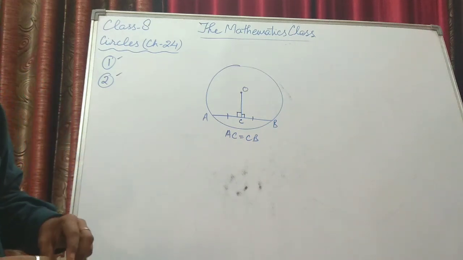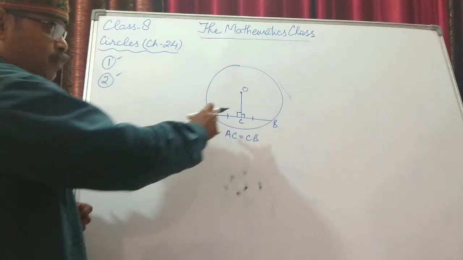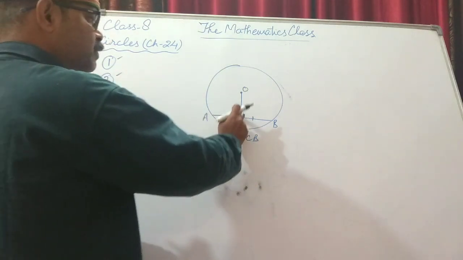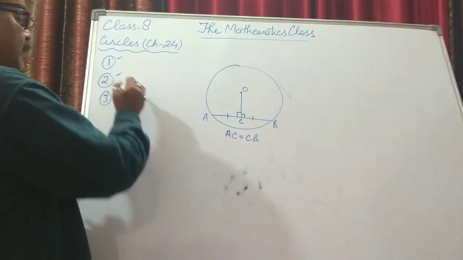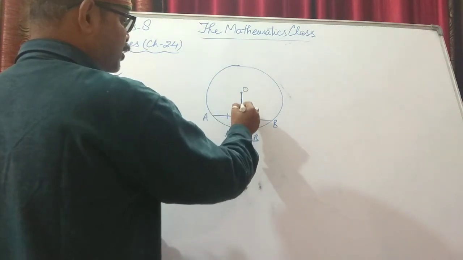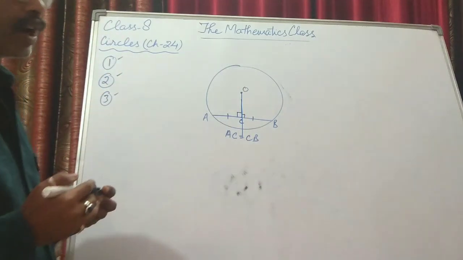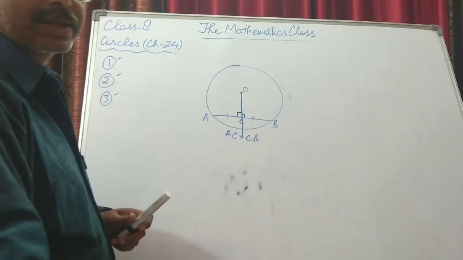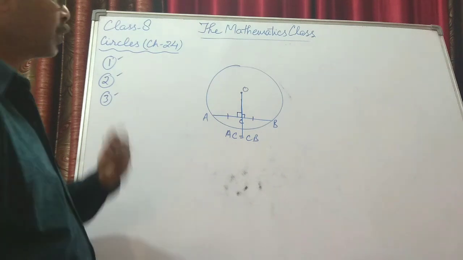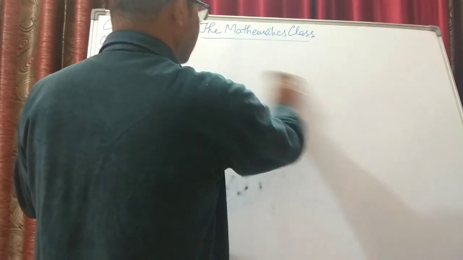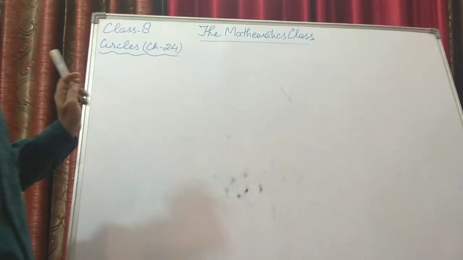Then the next thing is that the perpendicular bisector of the chord always passes through the center of the circle. Third point is the perpendicular bisector. Now its proof is not in your syllabus, that is in the next class, so I am not discussing the proof. I hope we will remember all these 3 points, and then we will be solving the questions accordingly. Now we move on to the exercise, and let's see what is there in the exercise.